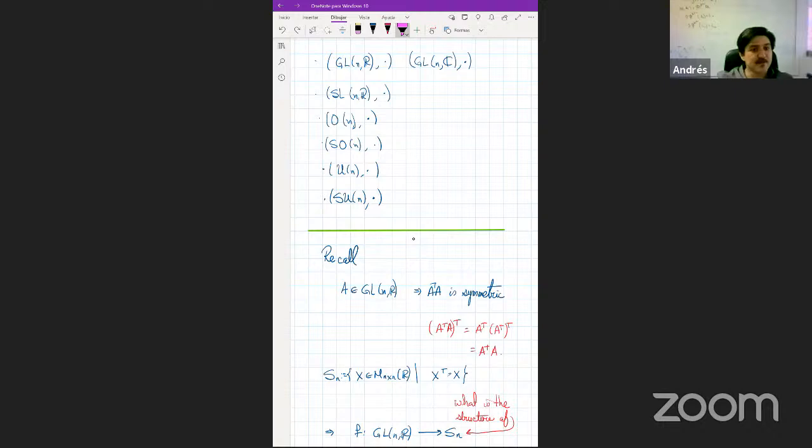So the identity is definitely a symmetric matrix. If we are talking about the product of matrices, that will be the identity element, the identity matrix, which is there. But what can you say about the zero matrix? Is that symmetric?